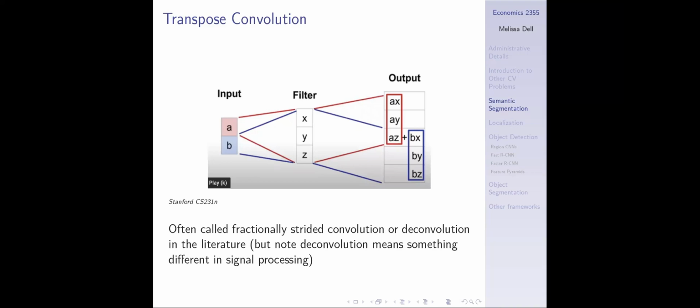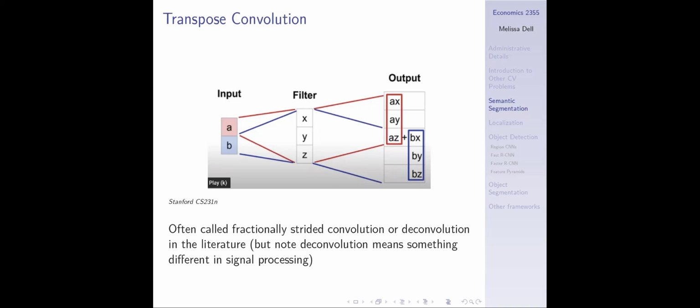So you start out with your input. This is a simplified example, but suppose your input is a 2x1 vector, and then you have a filter that's 3x1. What you do is multiply the input by the filter at each point. So it's A times X, A times Y, A times Z for your output.